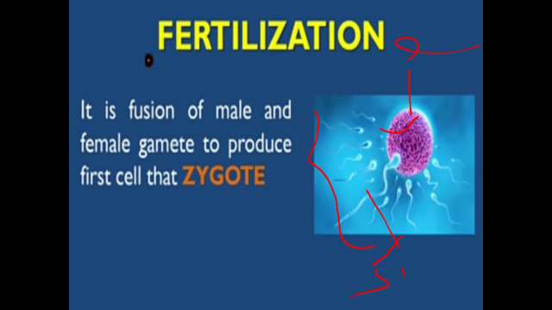The sperm and egg fuse and produce the first cell, the zygote. Always remember, it could be asked as an MCQ which is the first cell produced after the process of fertilization. You should know that it is the zygote.